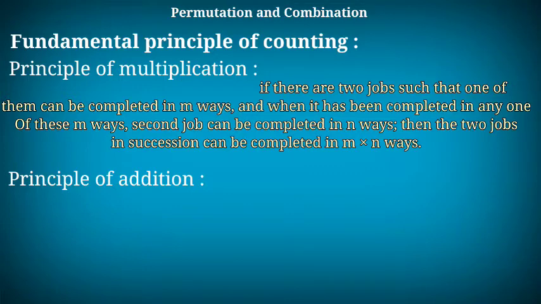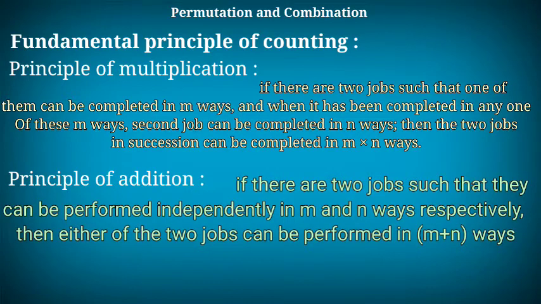And the principle of addition says if there are two jobs such that they can be performed independently in m ways and n ways respectively, then either of the two jobs can be performed in m plus n ways.